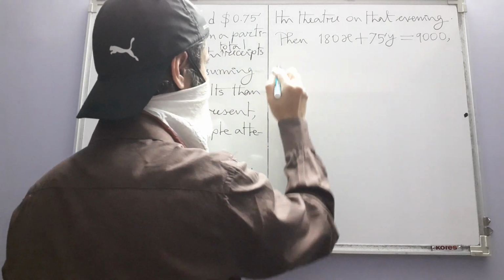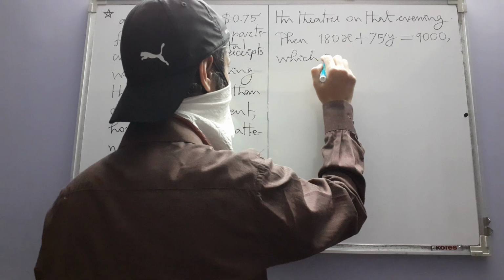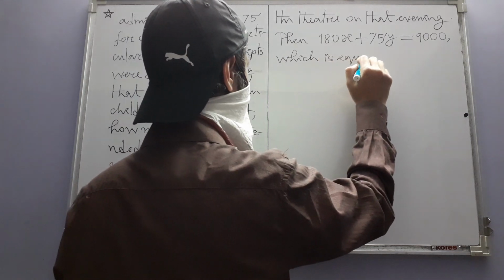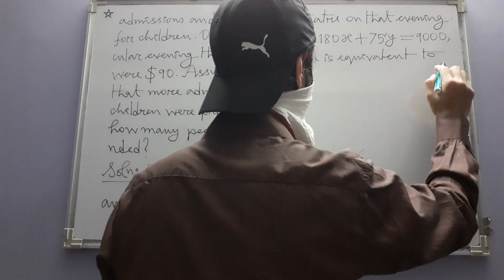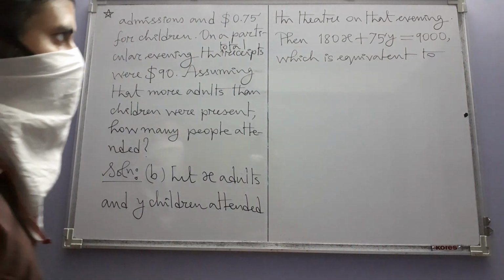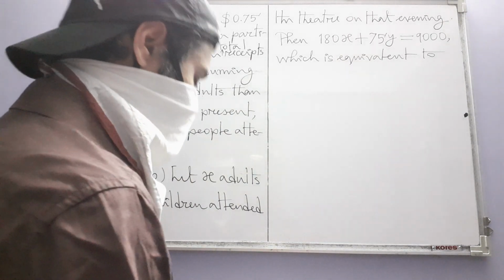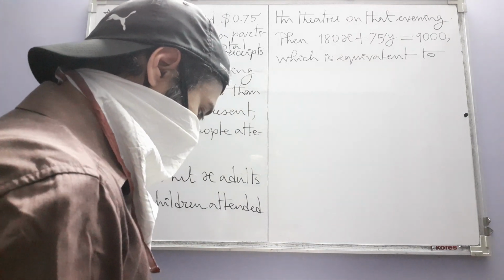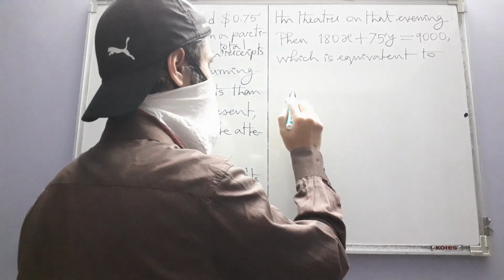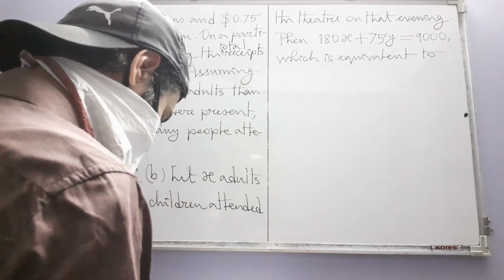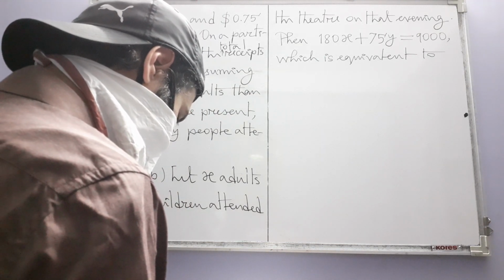Now of course you can simplify this, which is equivalent to, it turns out that all these numbers are divisible by 15, and when you do that the equation reduces to this. What did I just say now, 15.